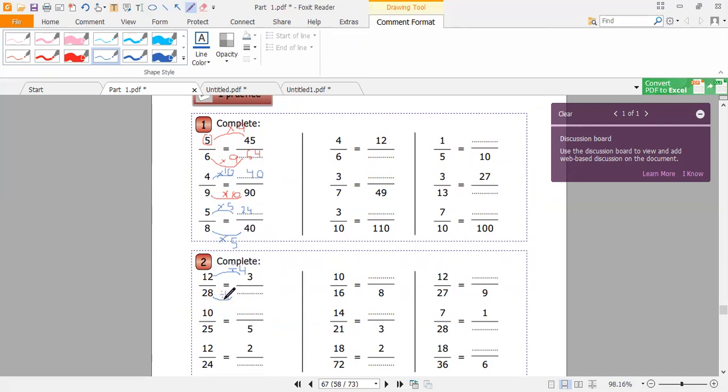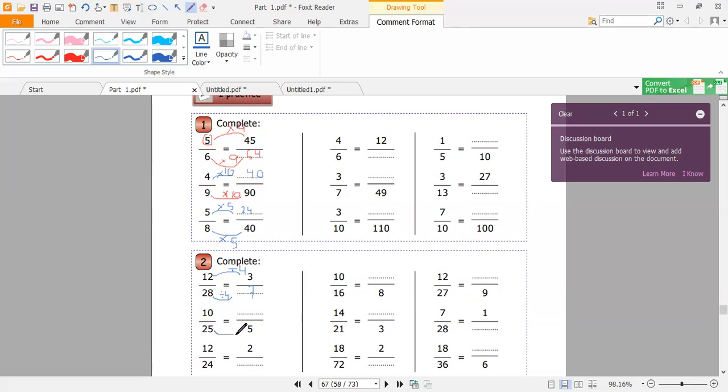Now 28 divided by 4 is what? We look at 4. Now 4 times what equals 28? It's 7. So the fraction here is 3 over 7. Now look at this. 25 here becomes 5.